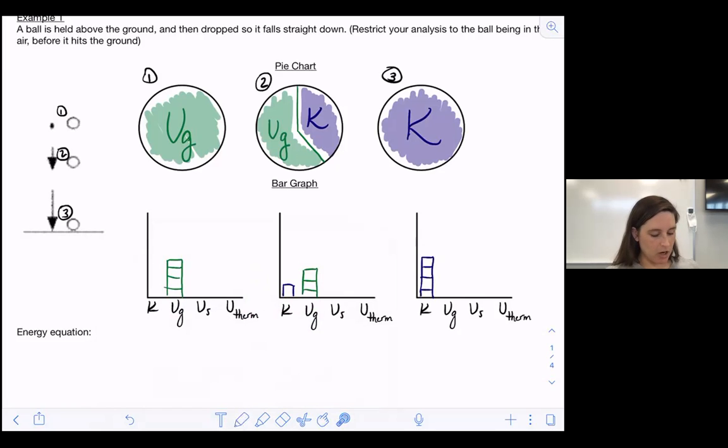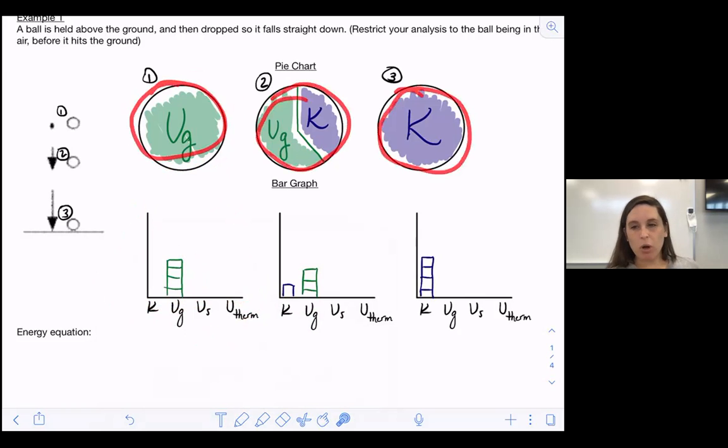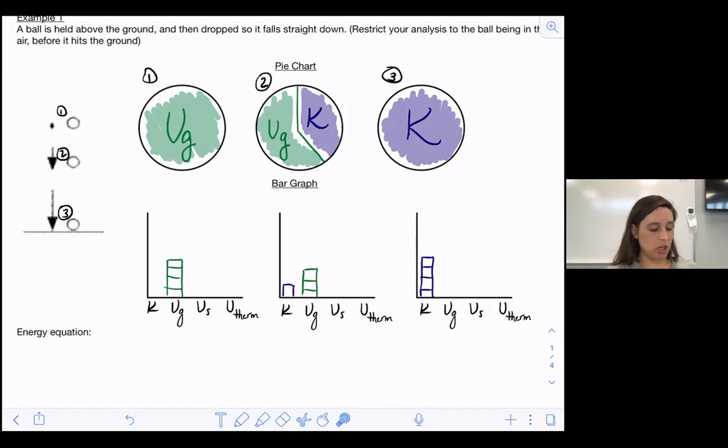Now, bar charts are a little bit more time intensive to draw because you have to draw the axes, you have to draw the labels, then you actually have to draw the bars themselves. Pie charts are faster to draw. And the advantage of pie charts is that the pie is always going to add up to 100%. So we're always going to maintain the same number of joules with a pie chart.